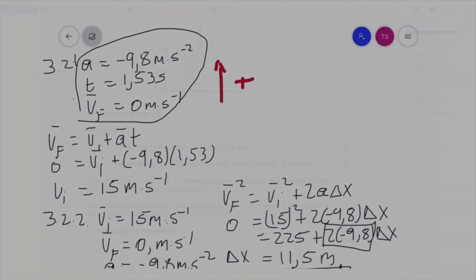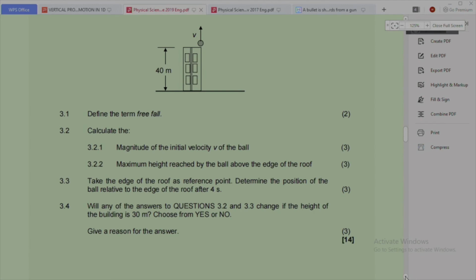Now 3.3, it says take the edge of the roof as the reference point, right? Determine the position of the ball relative to the edge of the roof after 4 seconds. After 4 seconds.